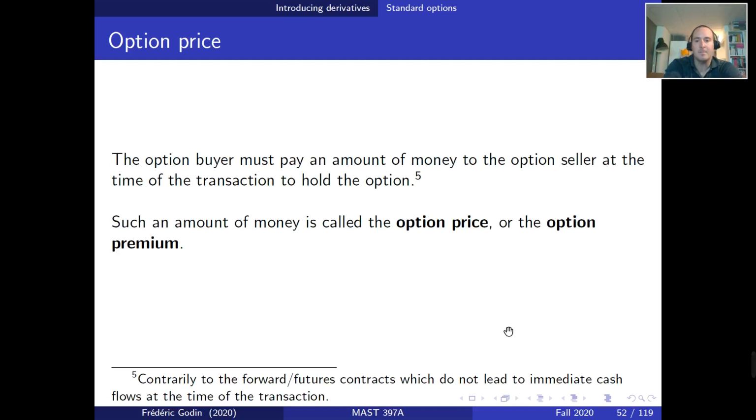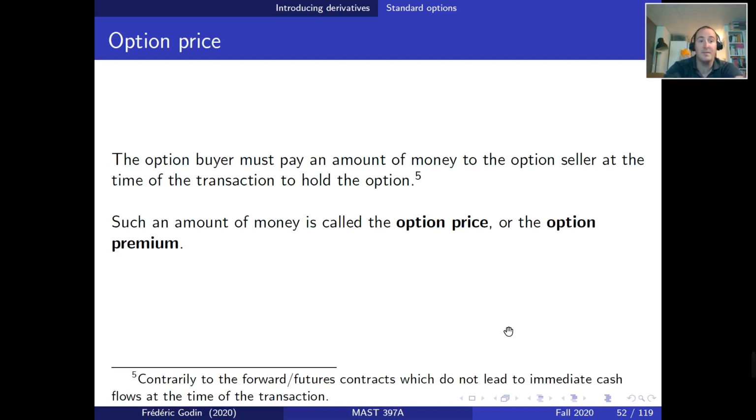So institution B needs to be compensated for that. Okay, so to get that right, institution A will pay at the inception of the contract some amount to institution B, and such an amount of money is called either the option price or the option premium.